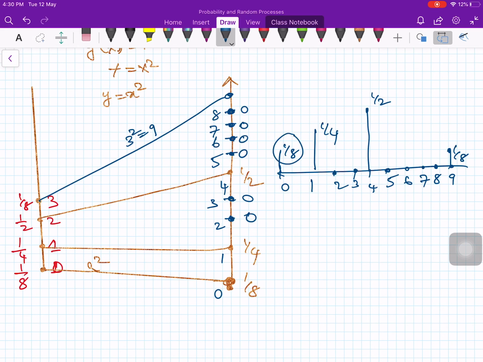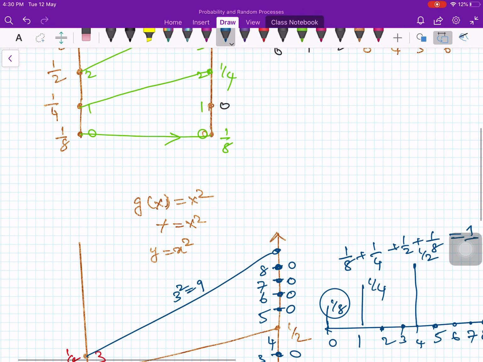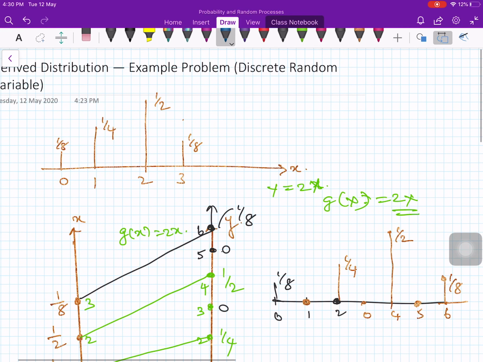If you add all the probabilities, 1/8 plus 1/4 plus 1/2 plus 1/8, total equal to 1. So it is a legitimate probability mass function. So the derived distribution is also a legitimate probability mass function. Even here, you can add all these probabilities, and they sum up to 1.